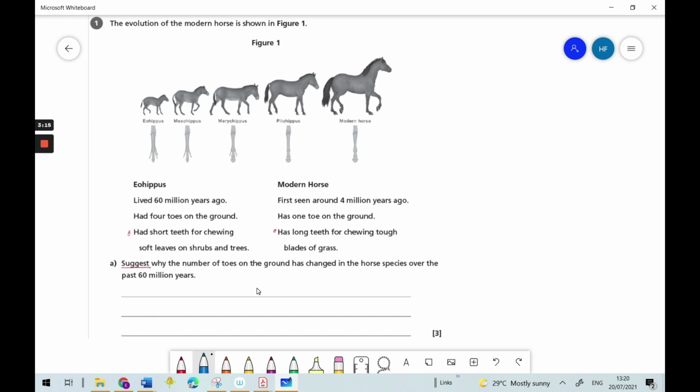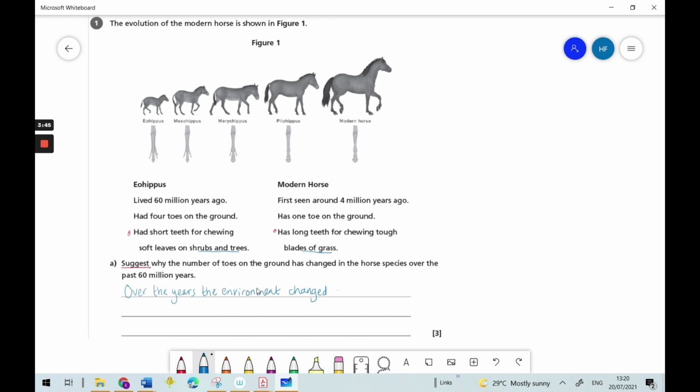So I'm going to say, over the years, the environment changed. We know that from the information here about shrubs and trees to blades of grass.